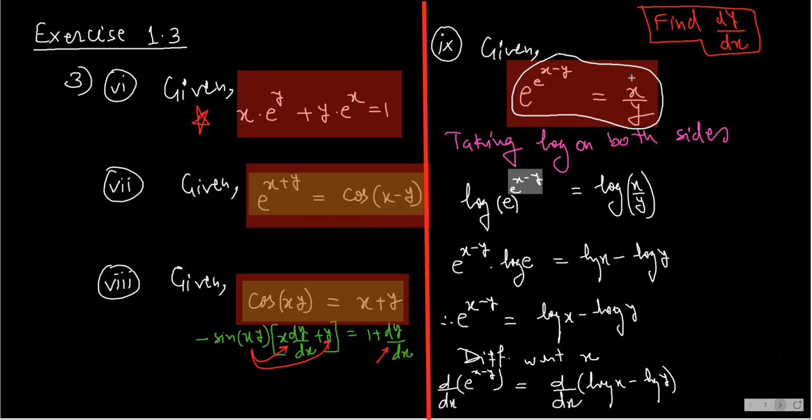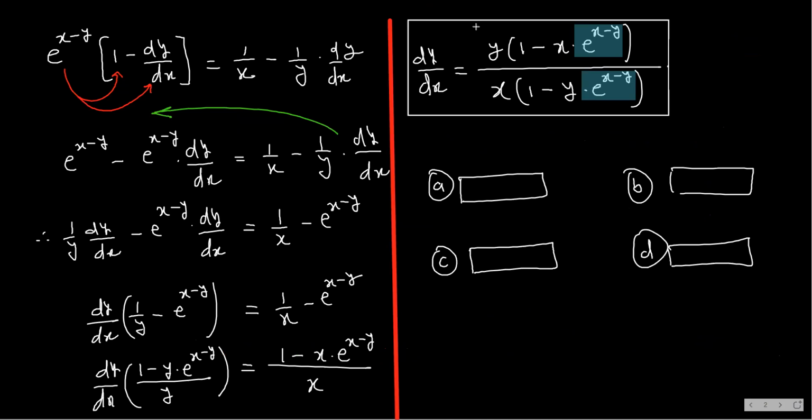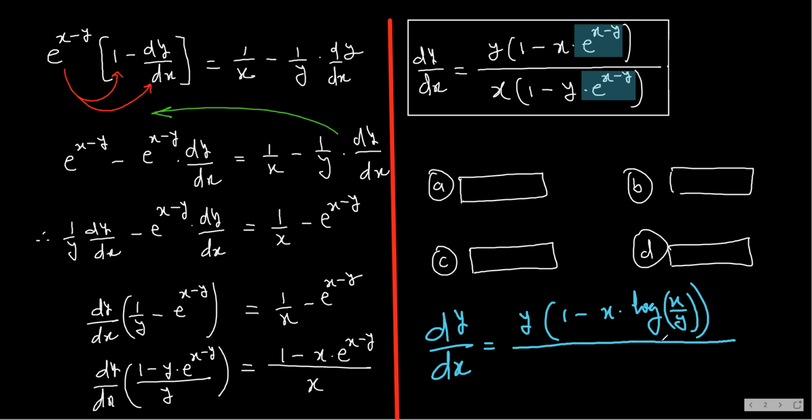So the modified answer could here be as follows. It could be dy by dx equals y into 1 minus x into log of x by y upon x into 1 minus y into log of x by y.